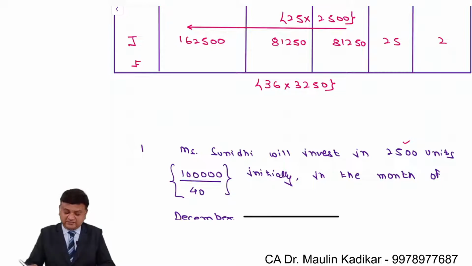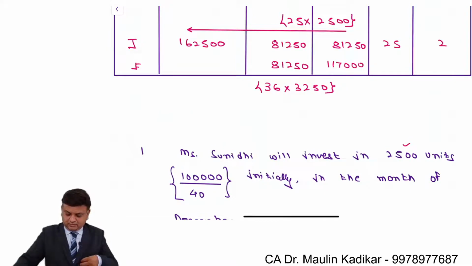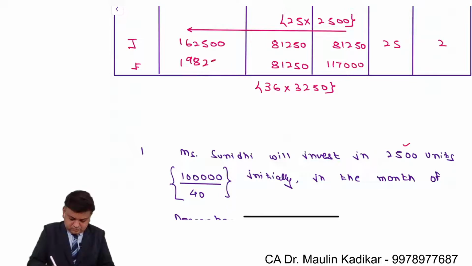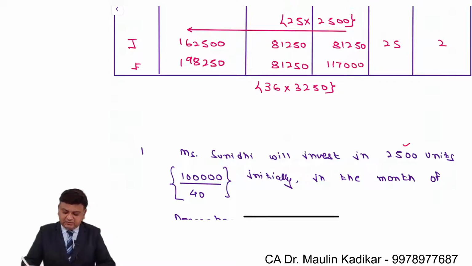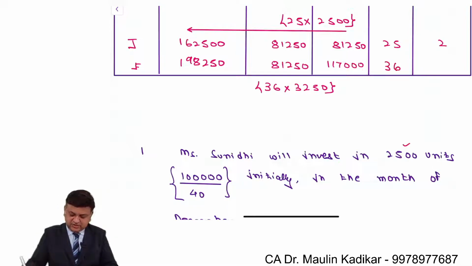That comes to 1,17,000. As far as the debt value is concerned, it is going to remain the same. So 81250 plus 1,17,000 is 198,250. At this point of time, NAV per unit is 36. This is what we understand.